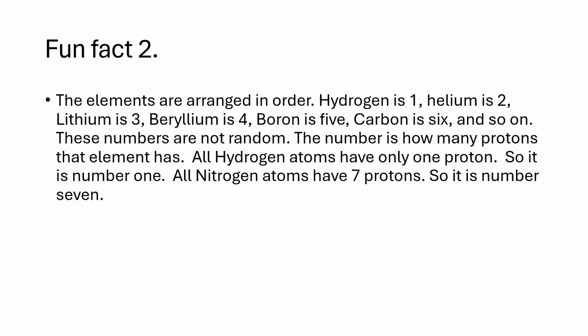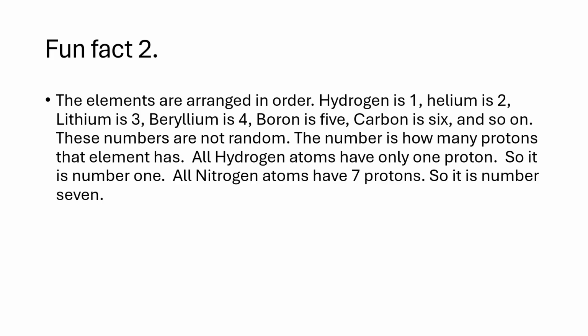And fun fact 2, which is the last fun fact, the elements are arranged in order. Hydrogen is number 1, helium is number 2, lithium is number 3, beryllium is number 4, boron is number 5, carbon is number 6, and so on. Now these numbers are not random, it's not alphabetical, they are in order by how many protons that element has. And in fact, that number is called the proton number.